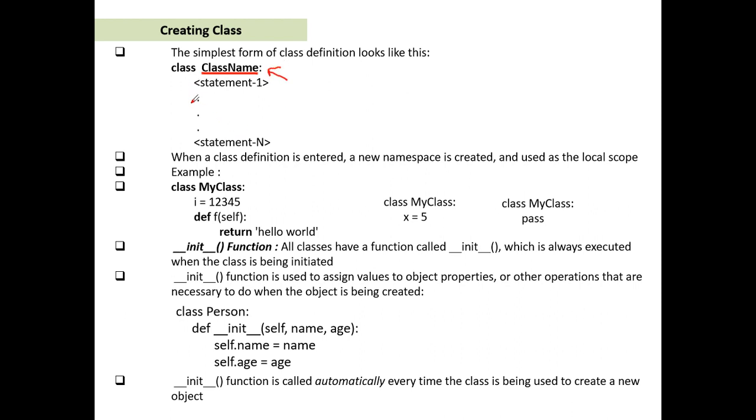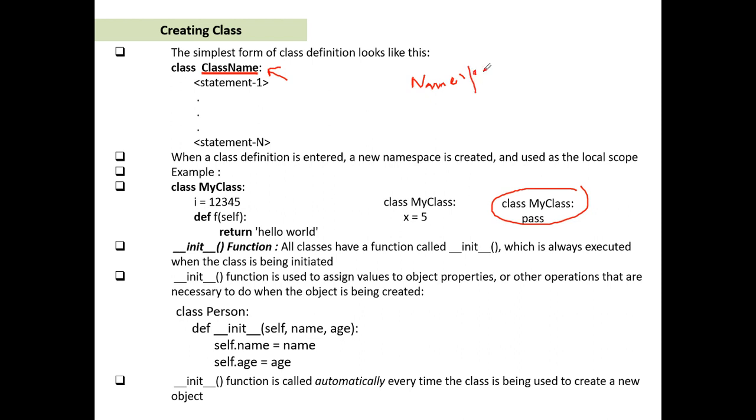And then these are the statements. Statements are not mandatory to create a class. You can create a class without any statement, just like this. Obviously pass is also a statement. Pass means you are inserting nothing inside it. So in Python you can take a class as a namespace.